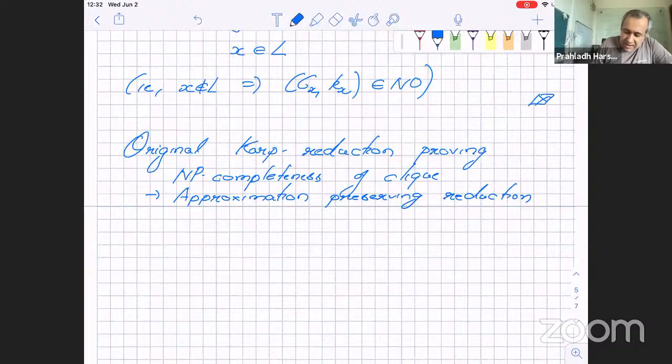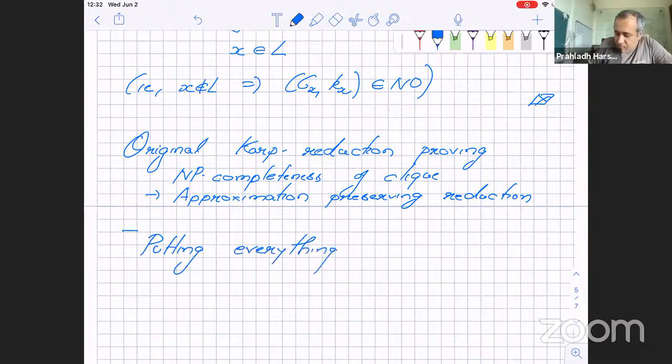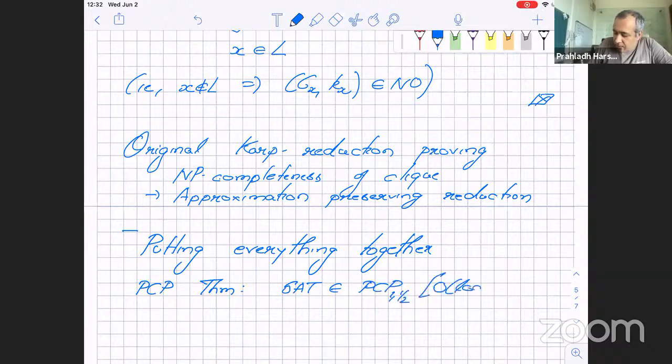So what did we have? Let's put everything together. This we did at the beginning, but I want to do it again. The PCP theorem gave us that SAT is in PCP 1, 1/2, order log n, and possibly 3.